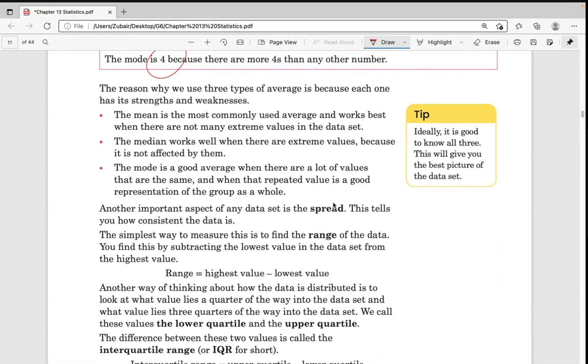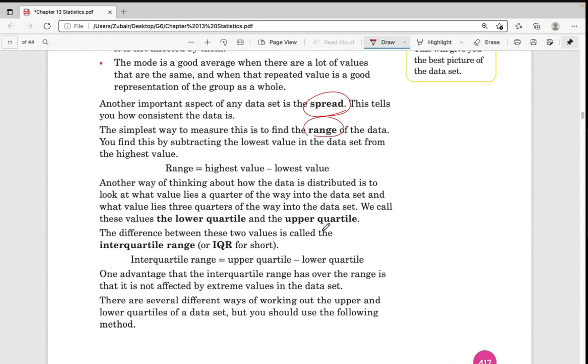Now, what is the spread? Spread and range are basically the same thing. For example, I know that Ali is going shopping and I ask Ali to bring me a wall clock. He would obviously ask my budget.